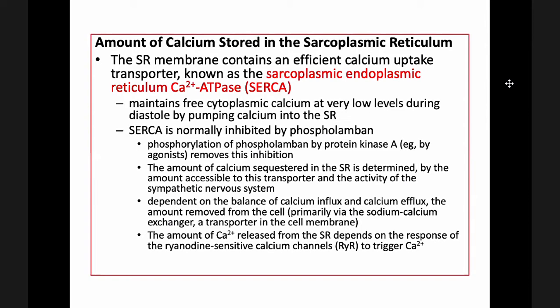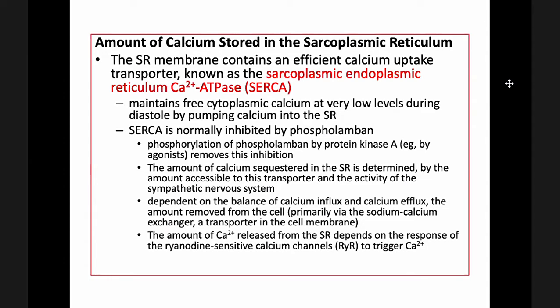SERCA is inhibited by phospholamban. So phosphorylation of phospholamban by protein kinase will remove this inhibition. The amount of calcium that is sequestered in the sarcoplasmic reticulum is determined by the amount accessible to this transporter and the activity of the sympathetic nervous system.